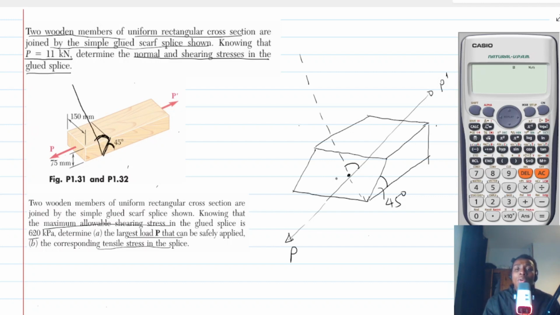Whenever you draw something like this, there is going to be the shear force, and then also there is going to be the normal force. So let me clean the normal axis.